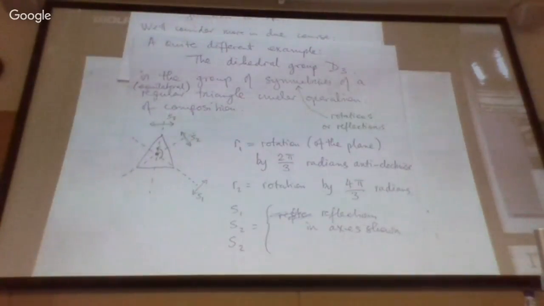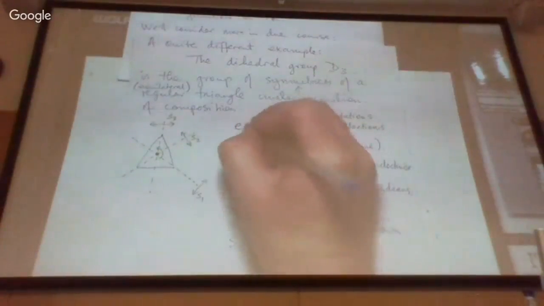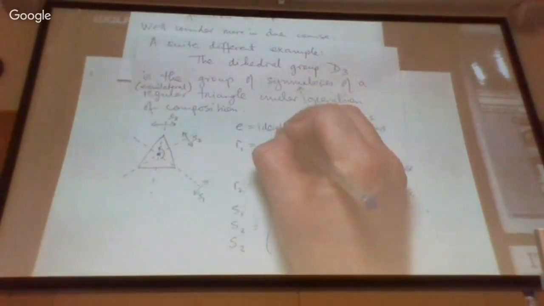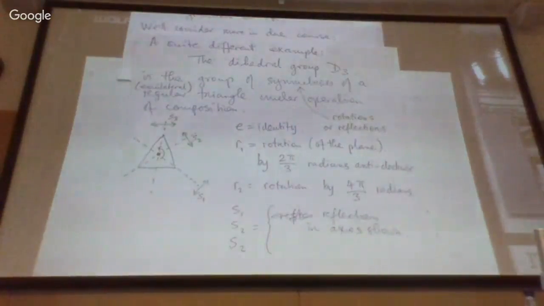There's one other thing you can do to the plane which leaves the triangle unchanged that we haven't listed. You can do nothing to it. You can leave the plane where it is, and that's the identity. It's a kind of rotation.